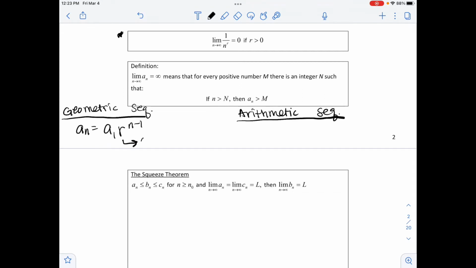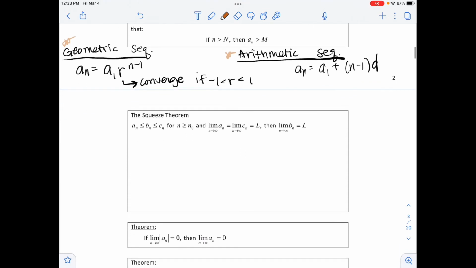And if you remember, this is going to converge if our r value is in between -1 and +1. And then we had arithmetic sequences, which is where we were adding or subtracting to go from term to term. And so our formula was a_n equals a_1 plus (n minus 1) times d. So good things to remember. You might have forgotten about these, but definitely things to look back on.